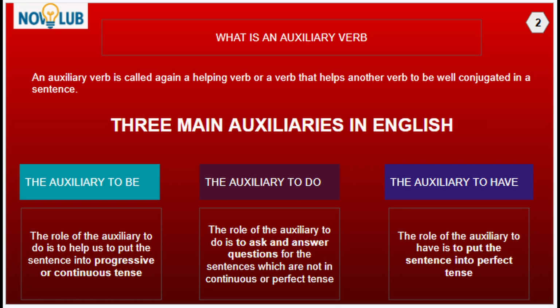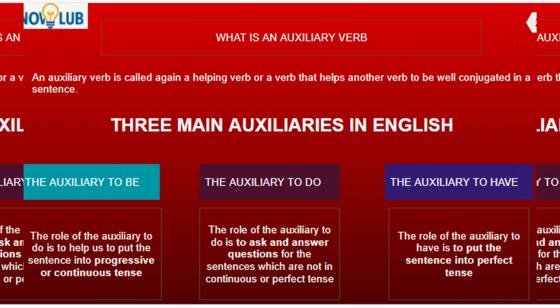The role of the auxiliary to do is to ask and to answer questions for sentences which are not in continuous or perfect tense. When you see a sentence which is not in perfect or progressive, you must use the auxiliary to do to ask a question.